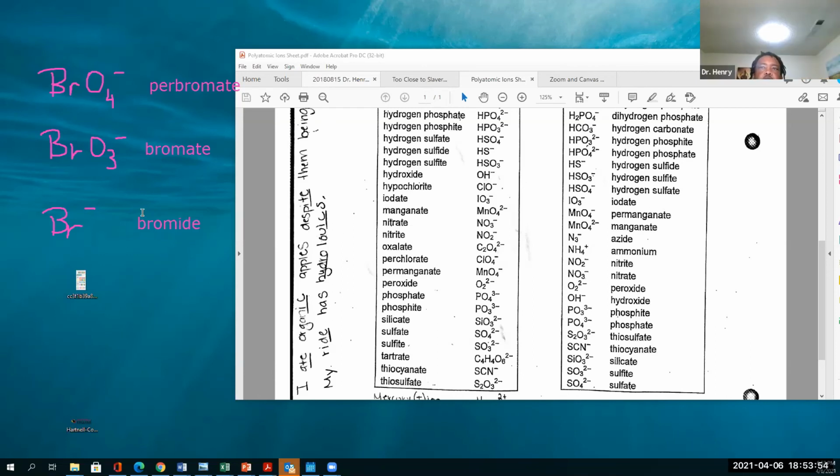And I can fill in all the ones in the middle, because I know that bromite is going to look like what? BrO2, minus charge. Yep.